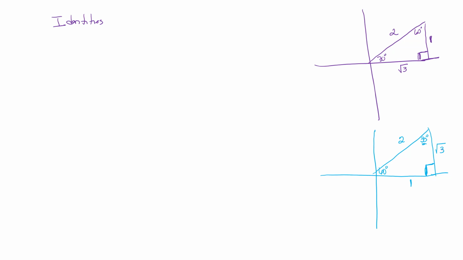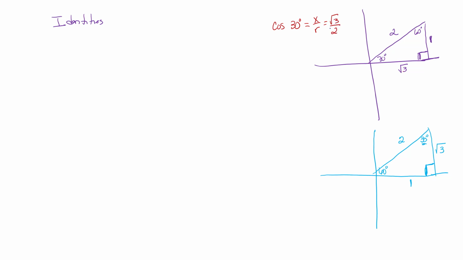Now, here's what I want us to look at. I want us to notice, if I take the cosine of a 30-degree angle, what would that be equal to? Remember, that's x over r. So that would be square root of 3 over 2.